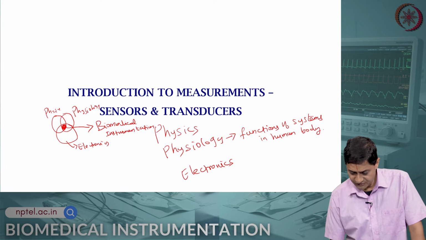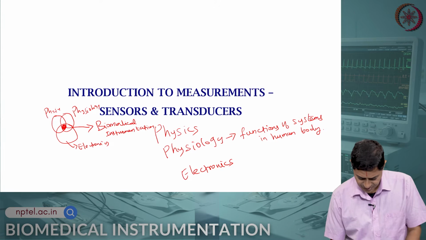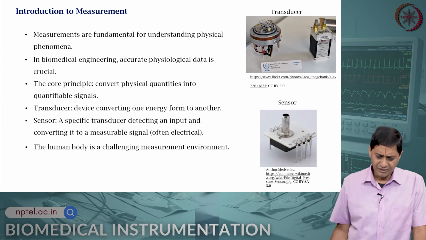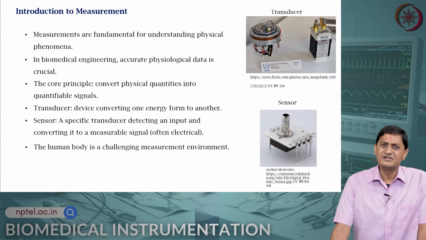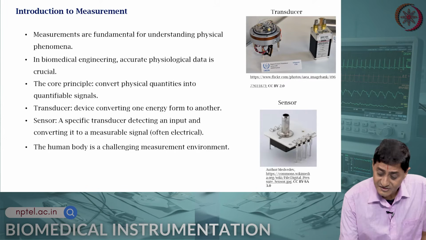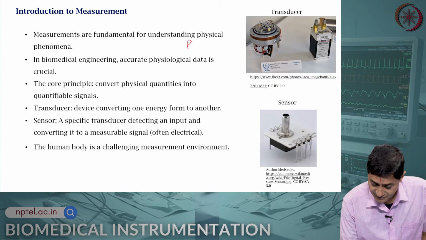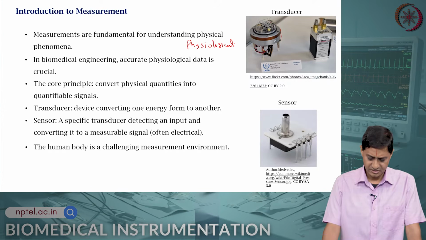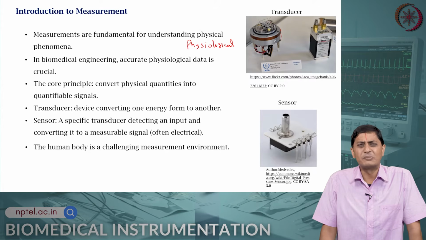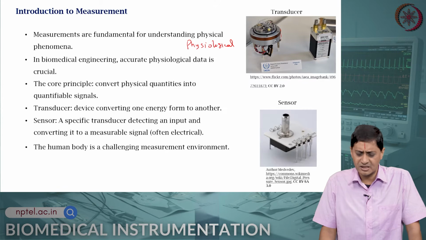So, we introduce ourselves to measurements, sensors and transducers. What is it that we are interested in? We are interested in measuring physical and physiological phenomena. What are some of the properties of these physiological phenomena?